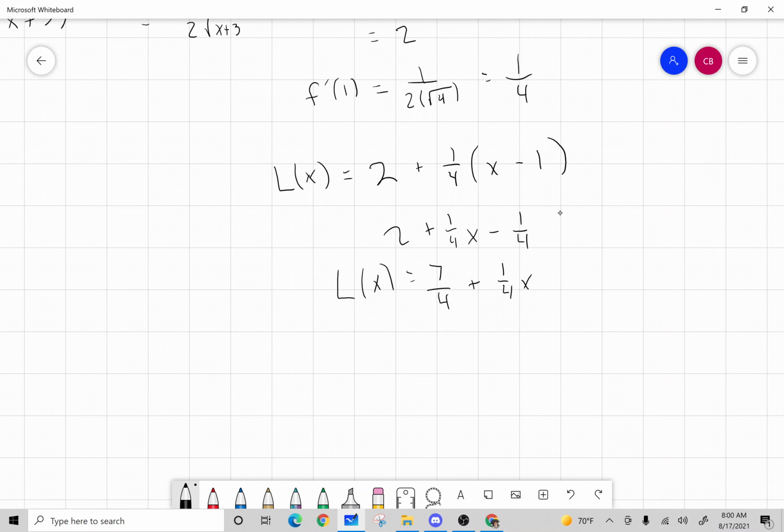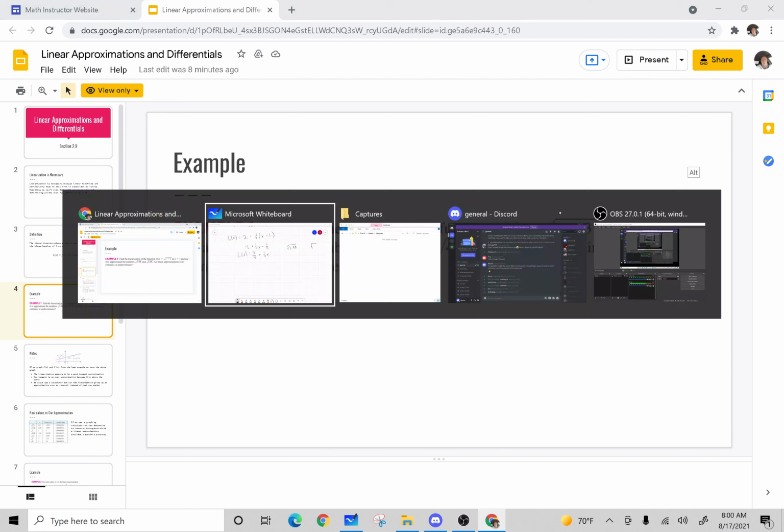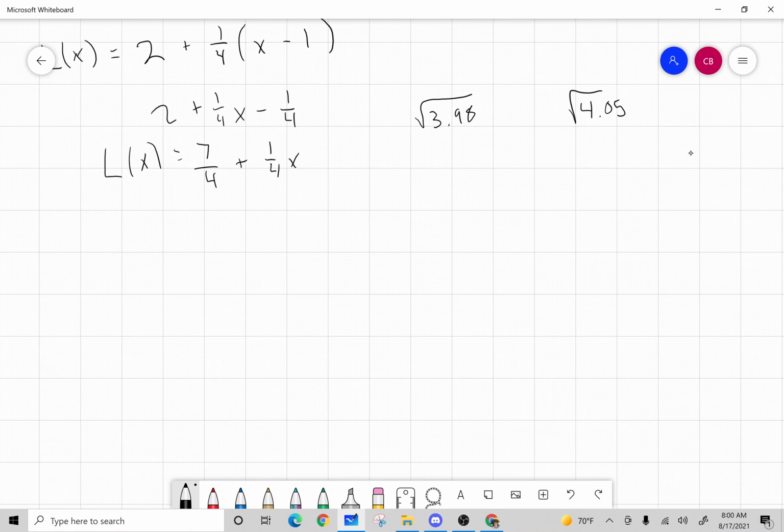Now, remember, we want to find the square root of 3.98 and the square root of 4.05. So what we would do is take 7/4 plus 0.98 over 4.